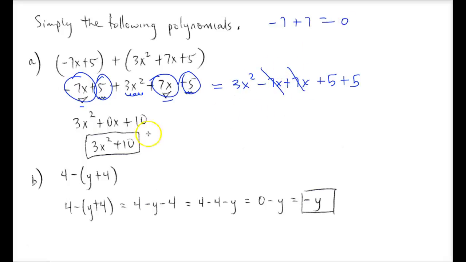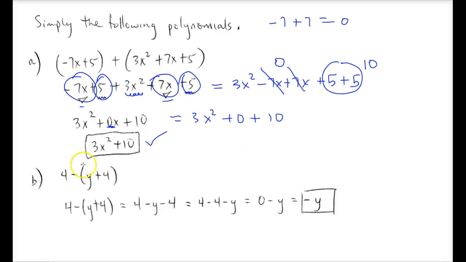So that reduces to 0. That's why I have 0x here. And of course, 0 times anything is just 0. So really we could do this. And then of course, 0 plus anything is just that anything. So you see here, 5 plus 5 is just 10. This just ends up with 0. And then we have 3x squared there. So that's how I get the answer of 3x squared plus 10.